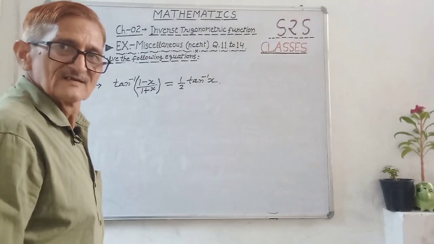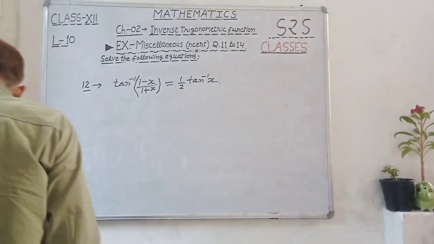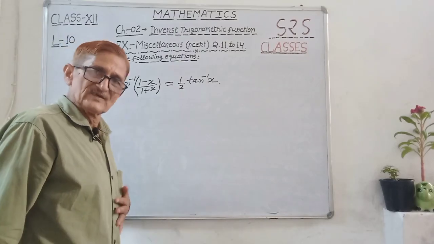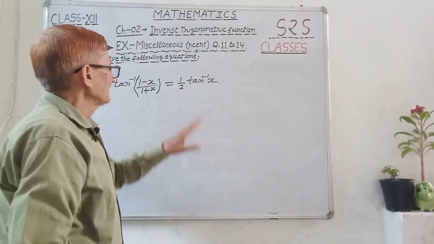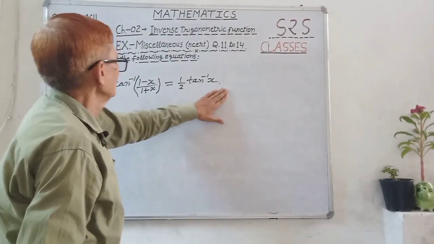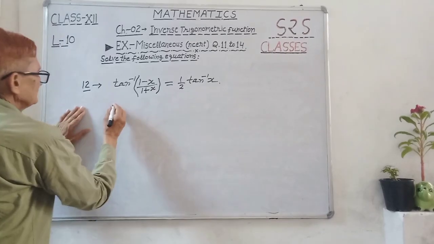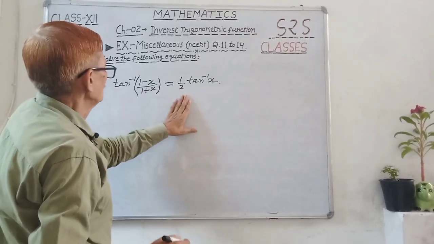Same question. Okay, this is an equation; we have to solve the equation. So 2 is divided on the right hand side, so 2 will come in multiply here. Like this we can do. Clear?